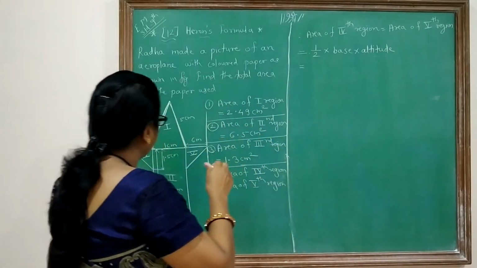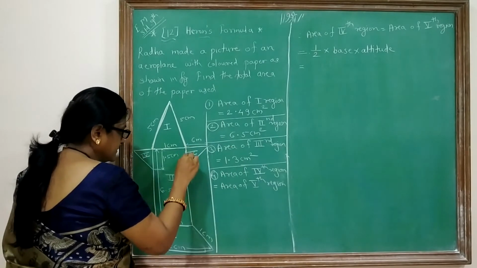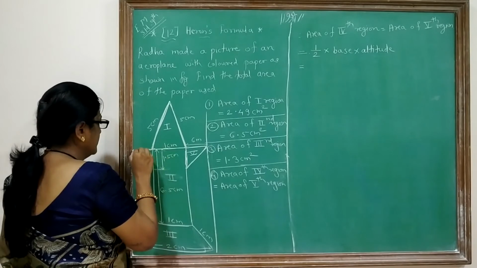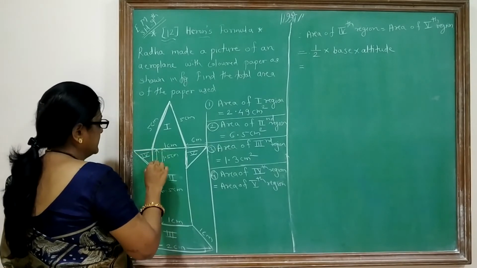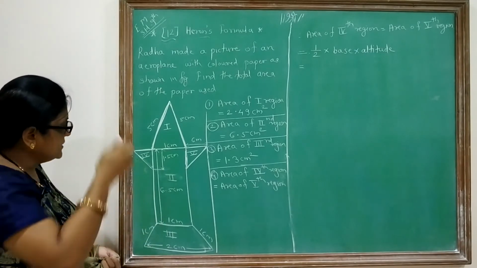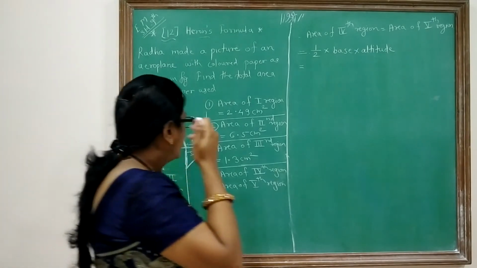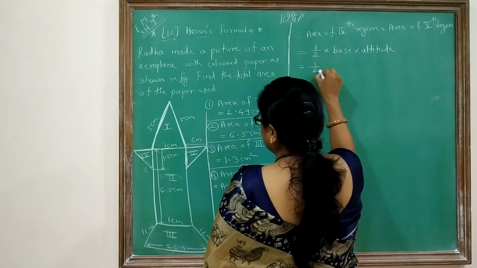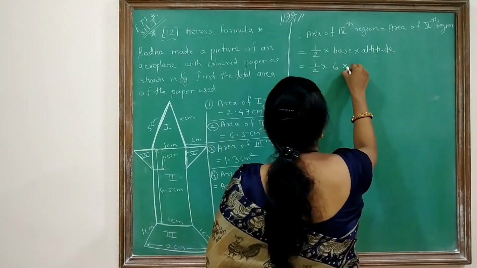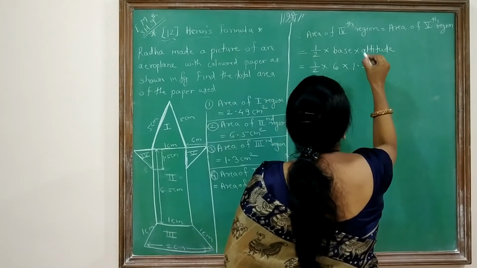Then see the fifth region and fourth region. Means in this region, which formula can we use? 1/2 base into altitude. Then 1/2. What is its base? Base is 6 multiplied by 1.5 centimeter.